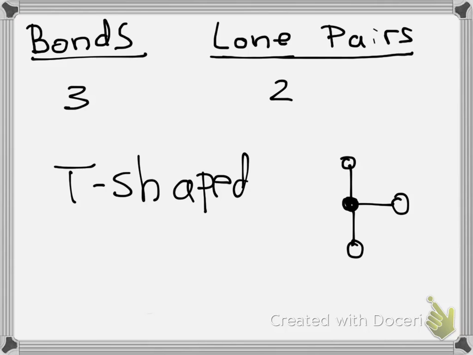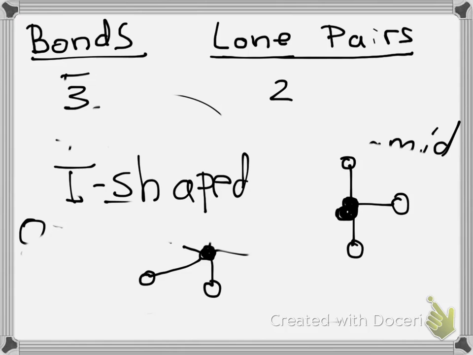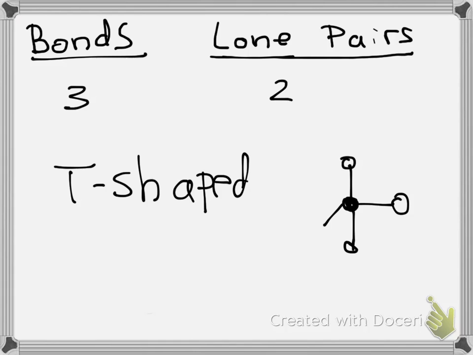And you can kind of already see the T. And then you have a lone pair right here, and a lone pair right there. So you can kind of see the T, and that one should be pretty easy to remember. It's one of the more creative ones.